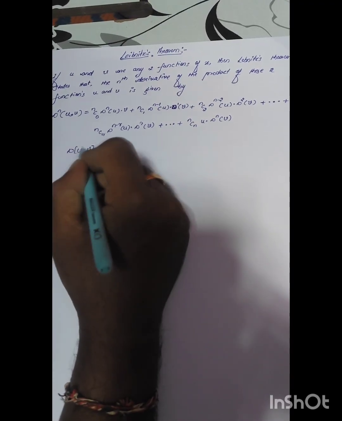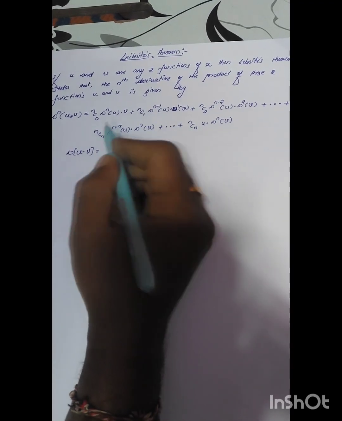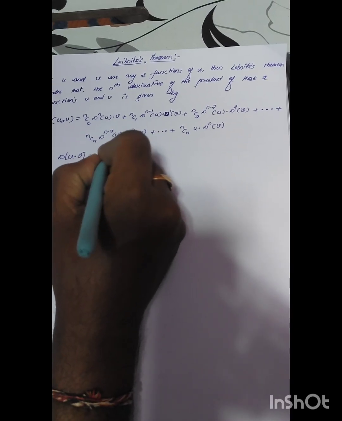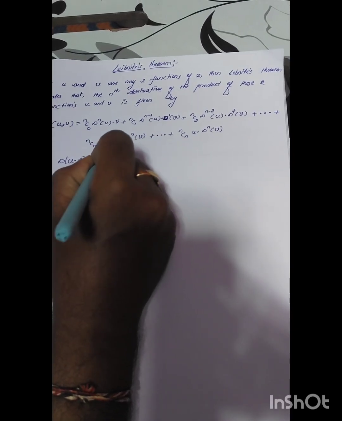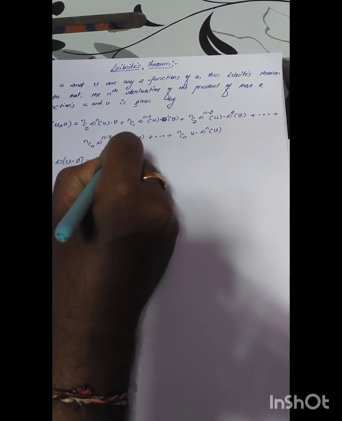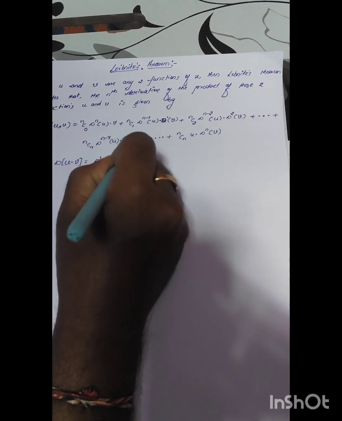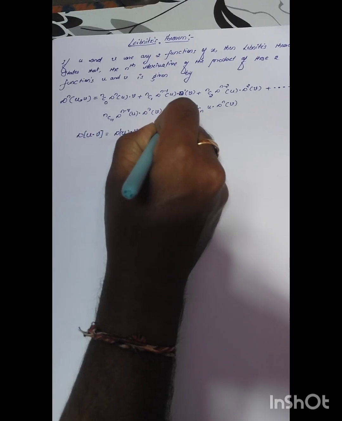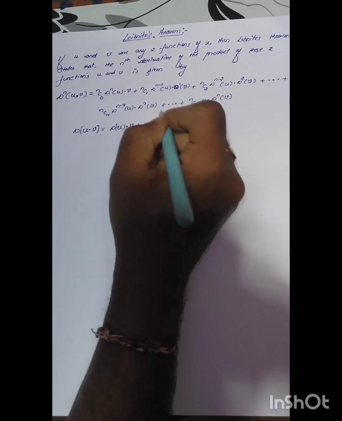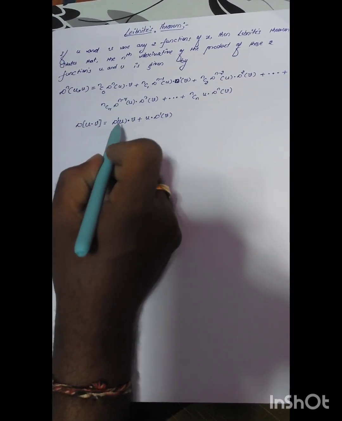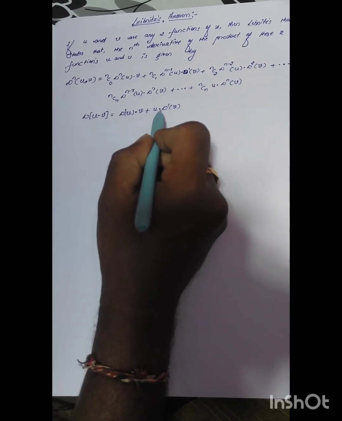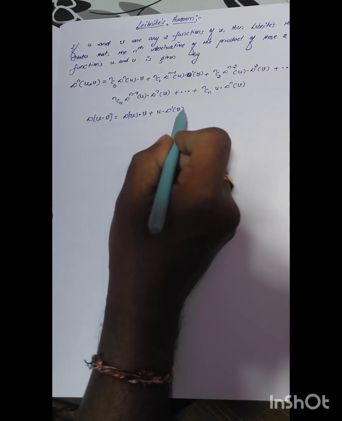We can take either u or v as the first or second function. So I will take the first derivative of u and write v as it is, and then write u as it is into the derivative of v. This is nothing but the derivative of u into the second function plus u into the derivative of the second function.